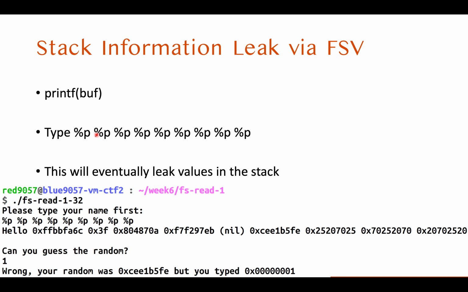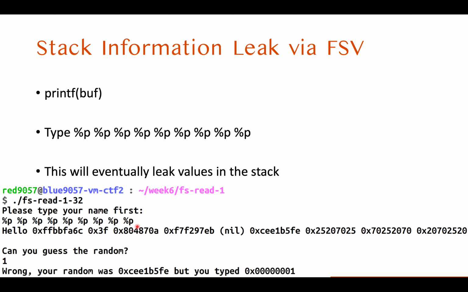It eventually leaks values in the stack, and eventually the secret value. This is one execution with lots of %p's. Can you see the random number here? The original random number was this one, but I just guessed 1, so it ended up with exit -1. But from this output, you can see that the random value is here.